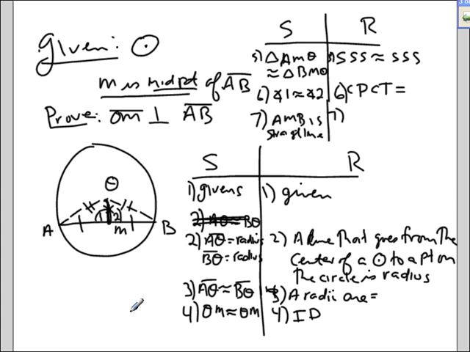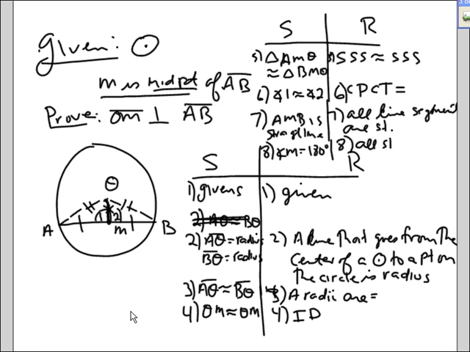And the reason is all line segments are straight. Okay. Angle M is 180 degrees. All straight lines equal 180 degrees.